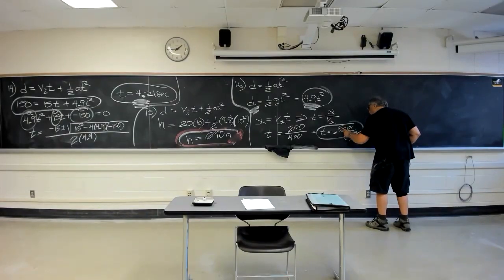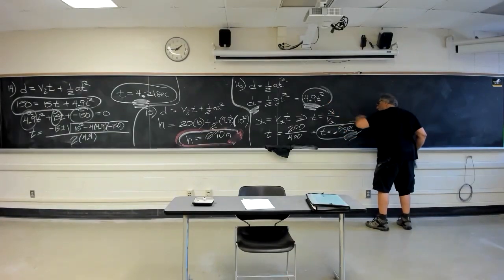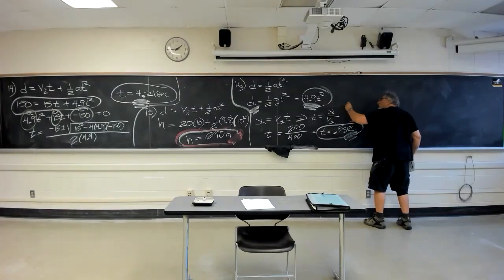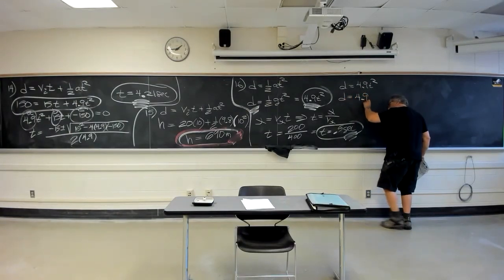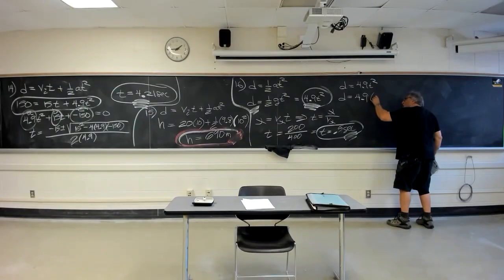It will fall for 0.5 seconds according to this equation. So what you end up having here is the d, the amount of fall, is going to be 4.9 times 0.5 squared.